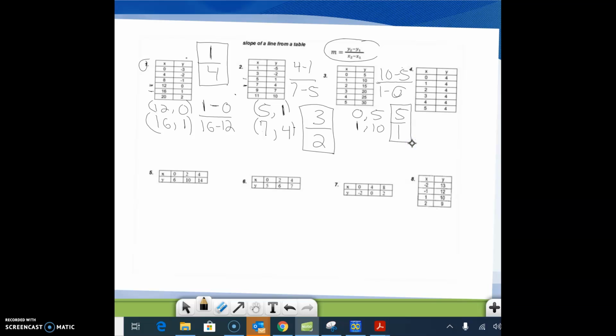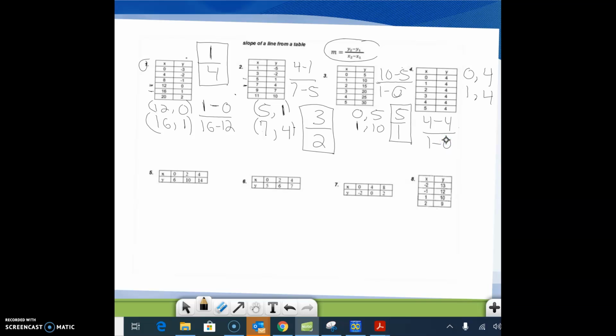All right. Again, 2 points from the table, no negatives. I'm going right for the first 2. 0, 4, x1, y1, x2, y2. Remember, y's are on the top. 4 minus 4 over 1 minus 0.